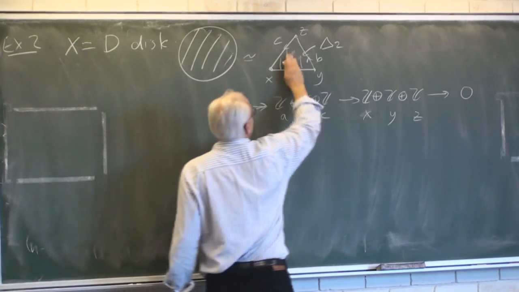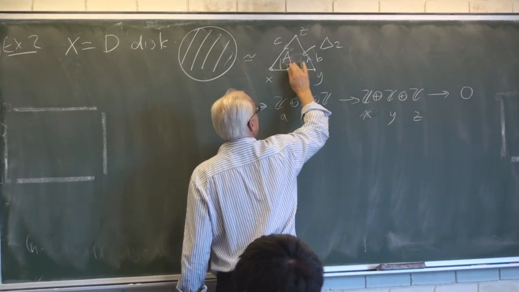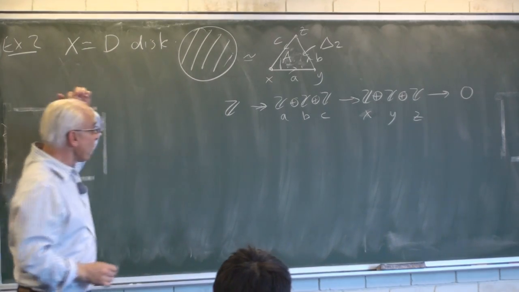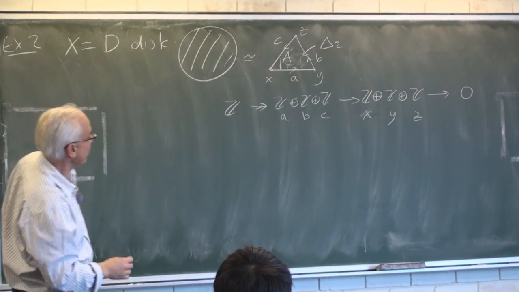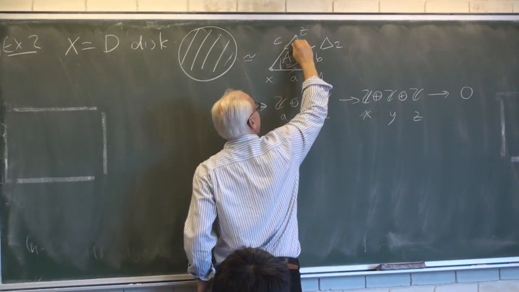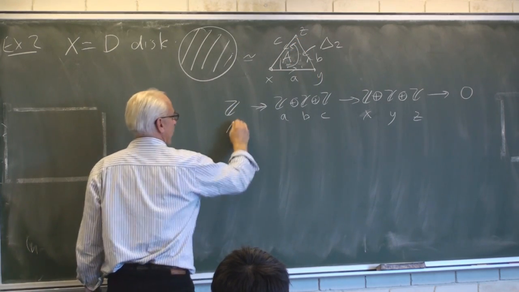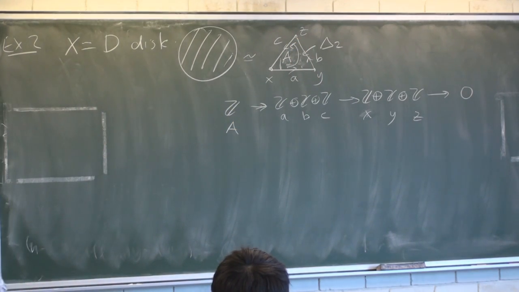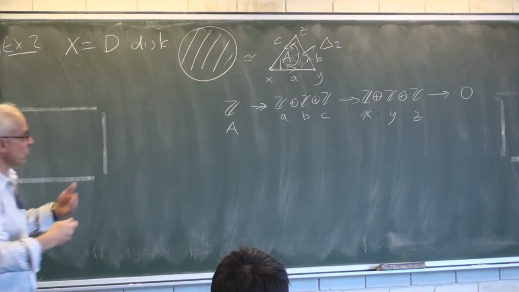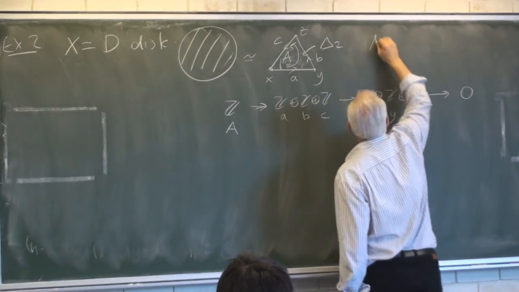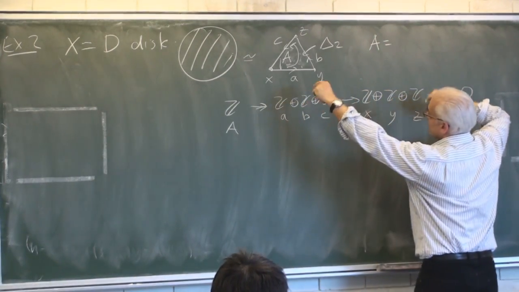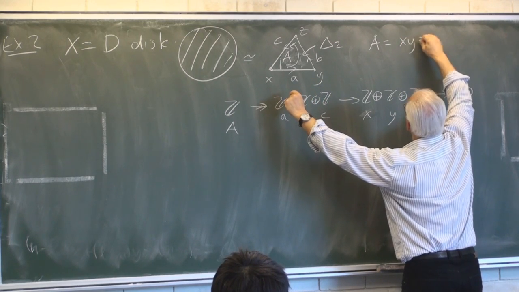So let's call it A, capital A, say. And let's orient it so that it's compatible with what we've got going here. So let's orient it this way. So in terms of the orientation, I'm saying that A is equal to the simplex x, y, z.